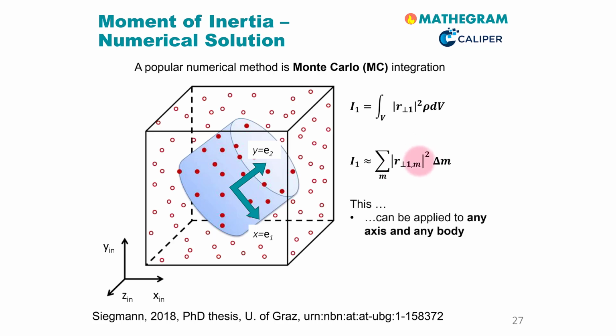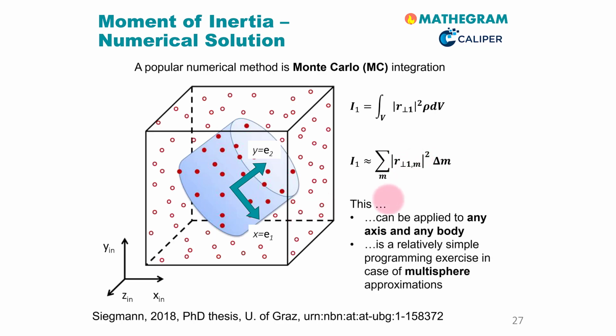So this is very easily applied to any axis and any body, and especially for the multisphere approximations, this is a relatively simple programming exercise. The reason for that is that in the case of multispheres, we know the centers and the radii of each of the composite spheres. We then just have to check whether these tracer particles are inside one of the composite spheres or not, and that's it.